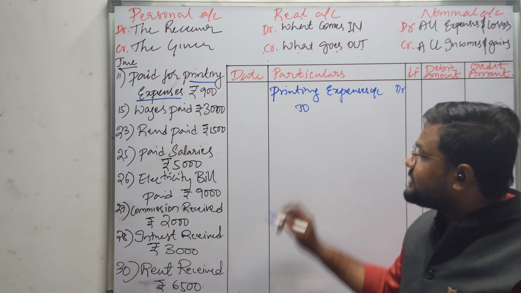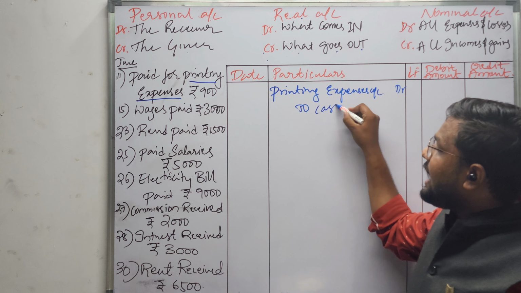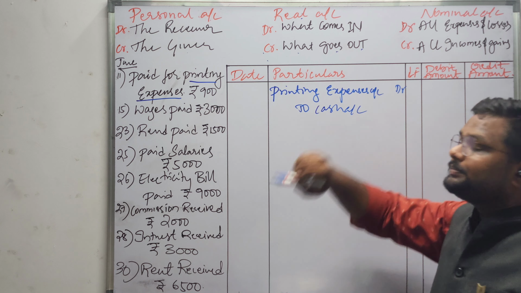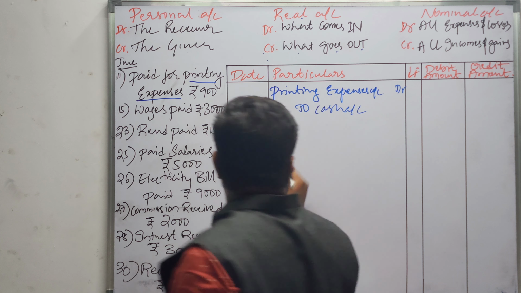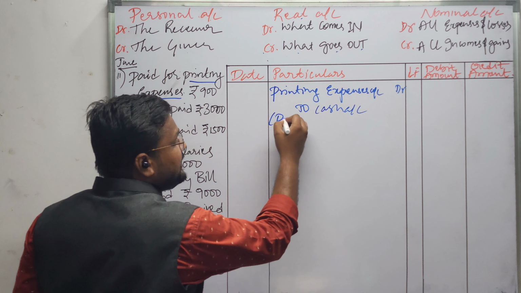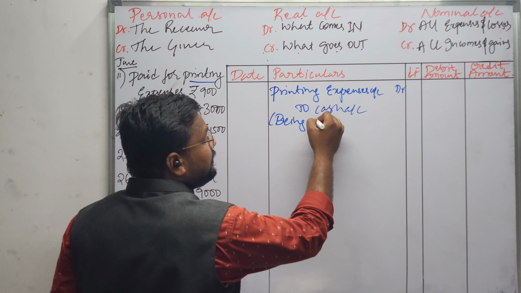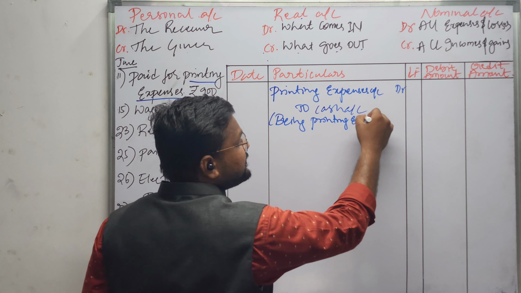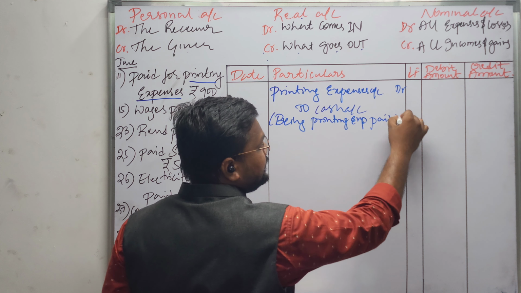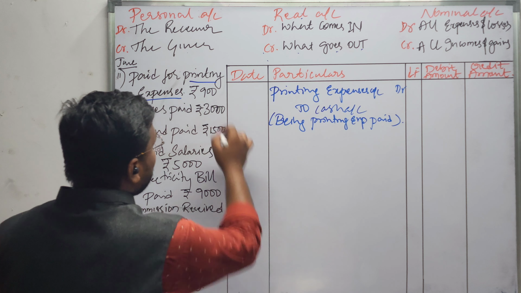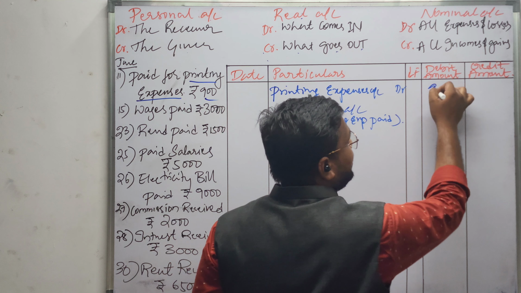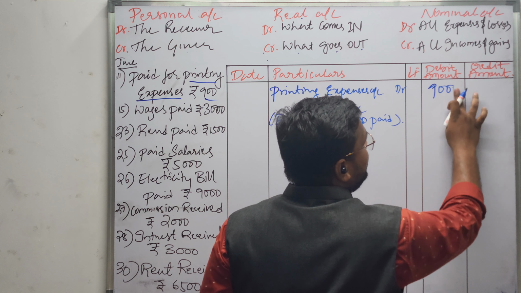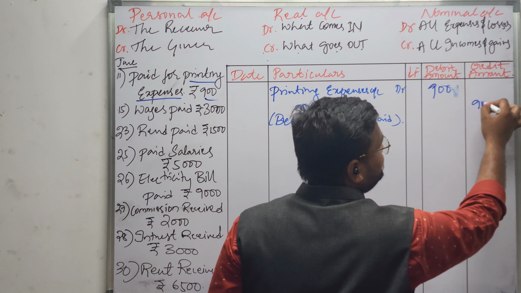What is going out? Cash. So write it here, cash account. The narration states: being printing expenses paid. How much is the amount? 900 is the amount.